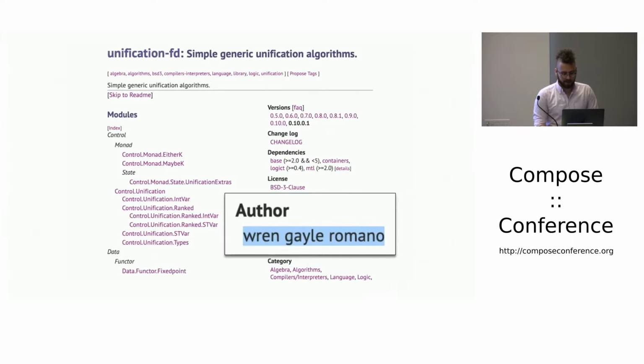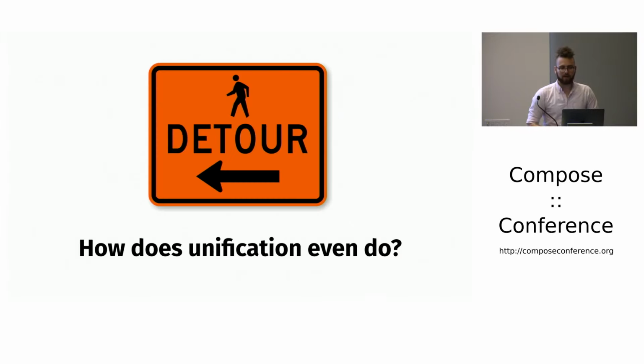But how can we do that? And how do we unify things to begin with? So, perhaps some of you have taken an algorithms class. And I remember learning about the union-find algorithm. And I remember forgetting about the details of how the union-find algorithm works, which builds a structure of keeping things unified or something like that.